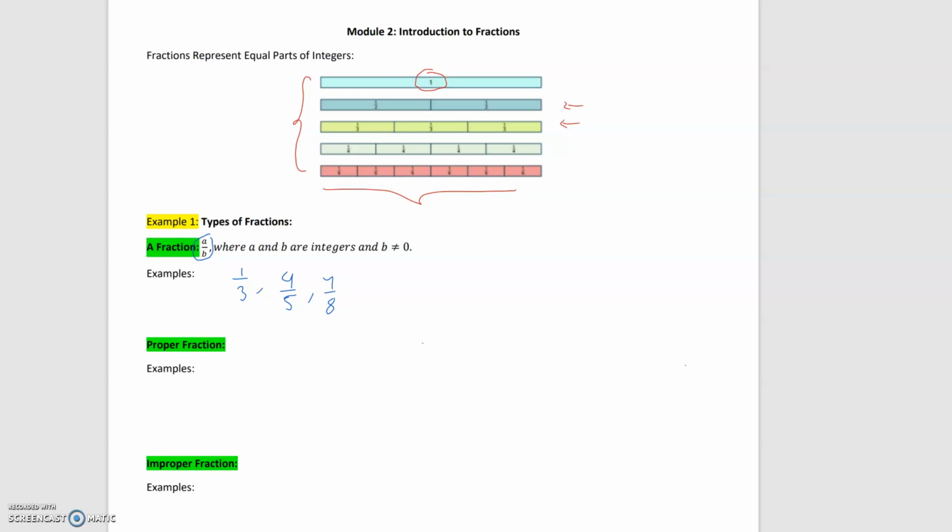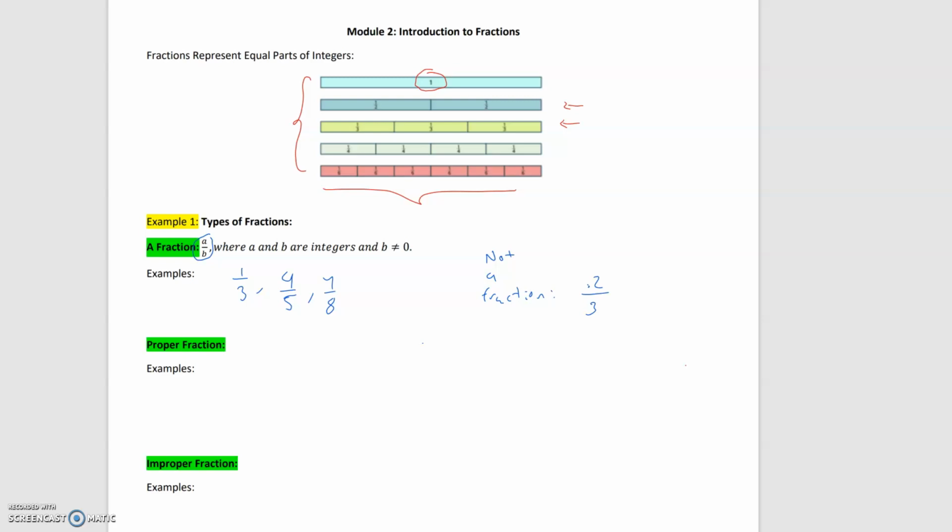Now, technically, if the top and the bottom are not integers, it's not considered a fraction, or it's not a fraction in the proper form. So let me just give you a quick example of not fractions. For example, if you have 0.2/3, you could express it as a fraction, but because you have a decimal on the top, it's not considered a fraction.